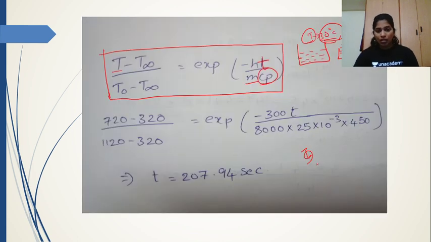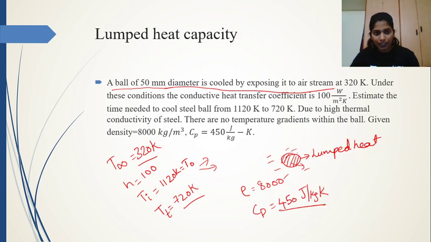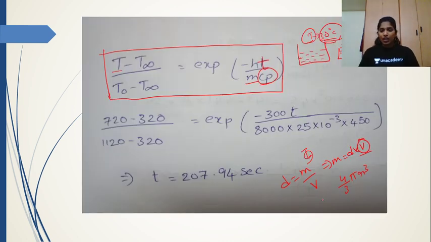So from the formula, what we need is the mass. Density is equal to mass by volume, right? So mass is nothing but density into the volume of the sphere. The volume of the sphere is 4 by 3 pi r cube, right? And I think we have data about the diameter of the sphere.